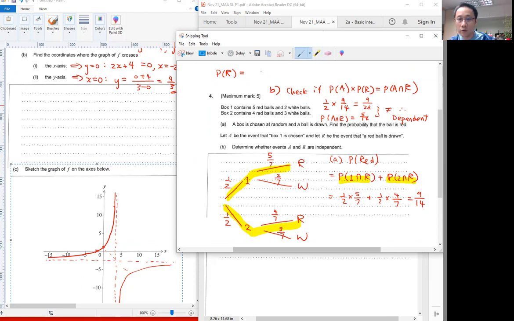So the probability of drawing a red ball should be the same whether or not you draw it from box 1 or box 2. And you can just plug the probabilities into this equation and see that the 3 probabilities are not the same.